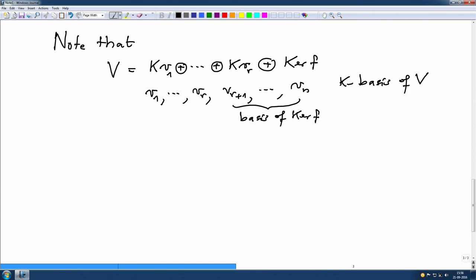And now I have a basis of V, so I will take the corresponding dual basis of V star.